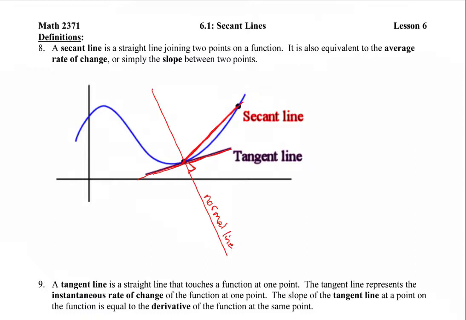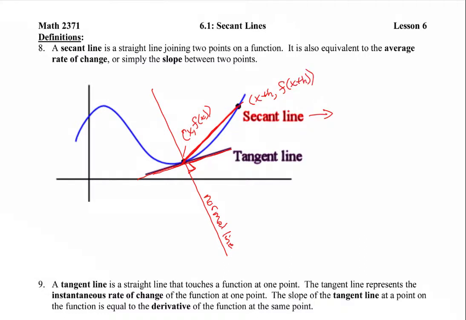To find the secant line, we're going to take this point right here, which is the point x, f of x. And this point right here is going to be x plus h, comma, f of x plus h.